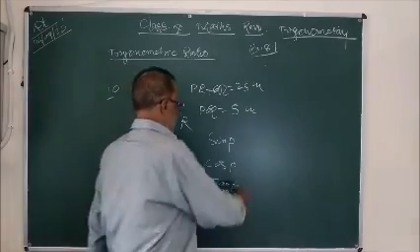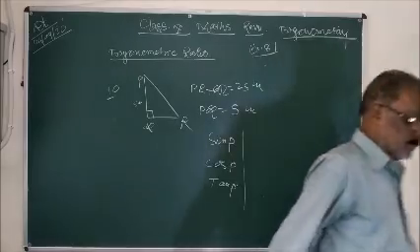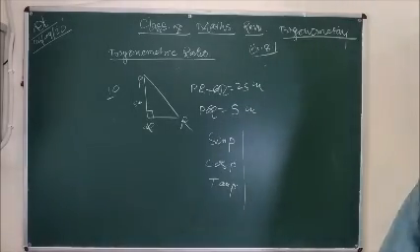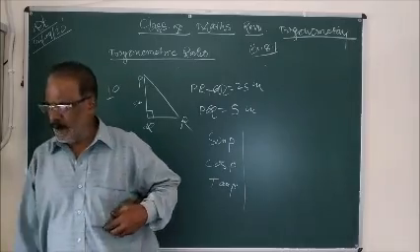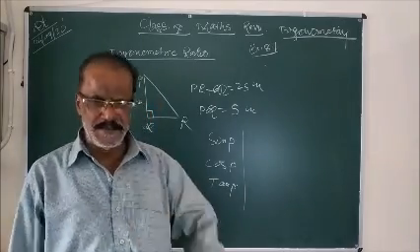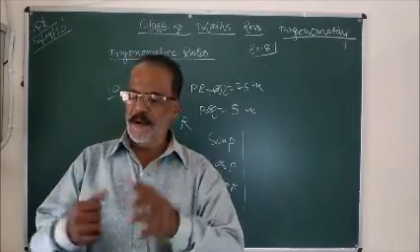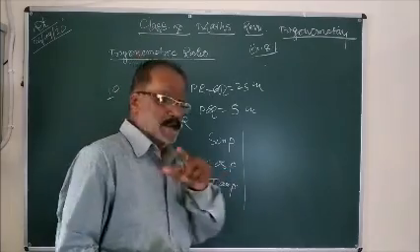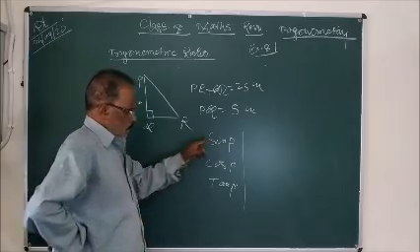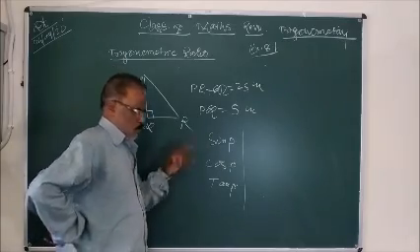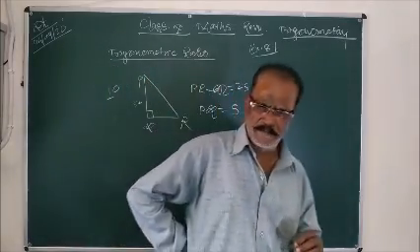Now, my dear students, this is a very important question. It requires some extra concentration, but I will try to explain. Sir, for any ratio, we should know the sides.